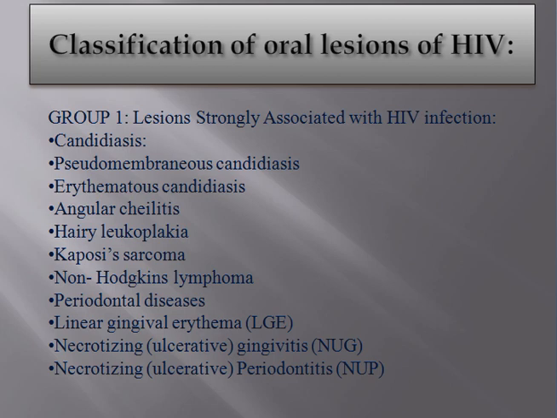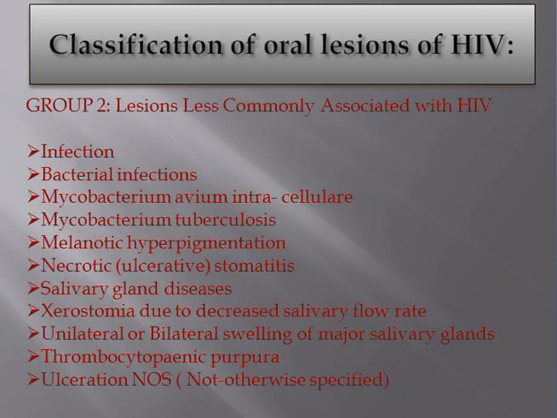They are lesions strongly associated with HIV infections, and they are candidiasis, pseudomembranous candidiasis, erythematous candidiasis, angular cheilitis, hairy leukoplakia, Kaposi sarcoma, non-Hodgkin's lymphoma, periodontal disease, linear gingival erythema, necrotizing ulcerative gingivitis, and periodontitis. And we'll discuss mostly all of them.